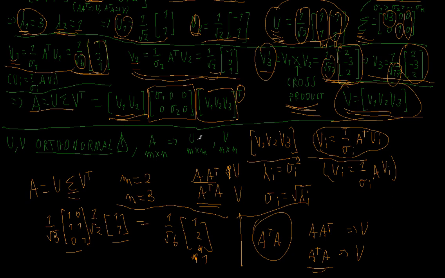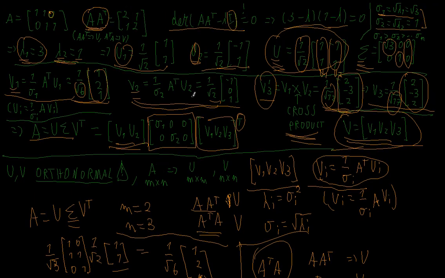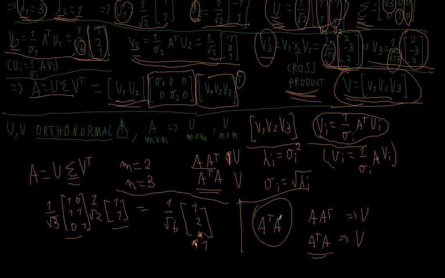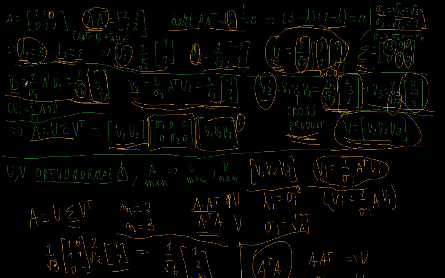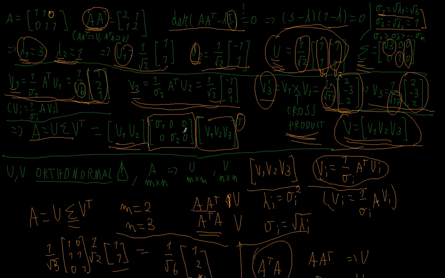And so just remember, what we did is we found the eigenvalues, then the eigenvectors, depending on if we found first A transpose A or A A transpose, then we use those shortcut formulas, and then it happened that you need an extra vector, but you don't have any more singular value, or it could also be that you have a zero singular value. But here we are in 3 dimensions, so we can simply take the cross product to get our orthogonal vector, and then we normalize it, and we get our third vector as expected.